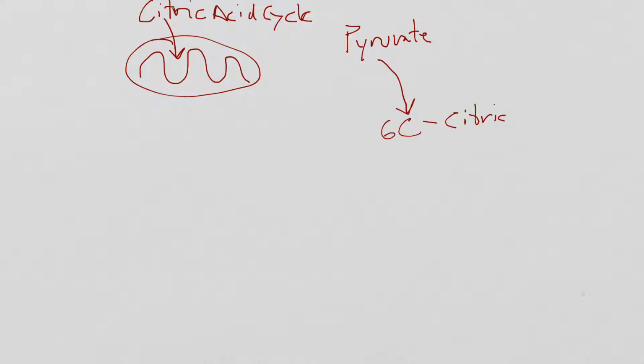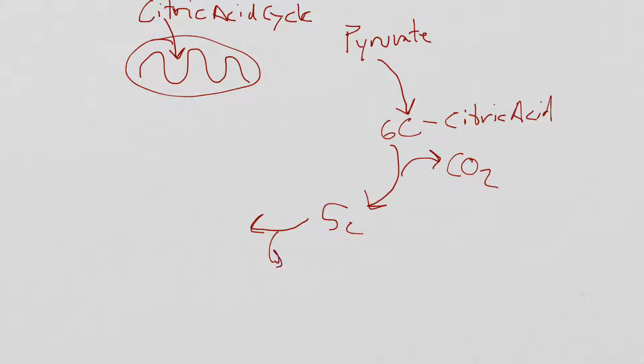Okay, and then you're just going to go through a cycle where you break off a CO2, and then it becomes a 5-carbon molecule, and then you break off another one, CO2 comes out, and now you have a 4-carbon, and it stays like that until you go back up.